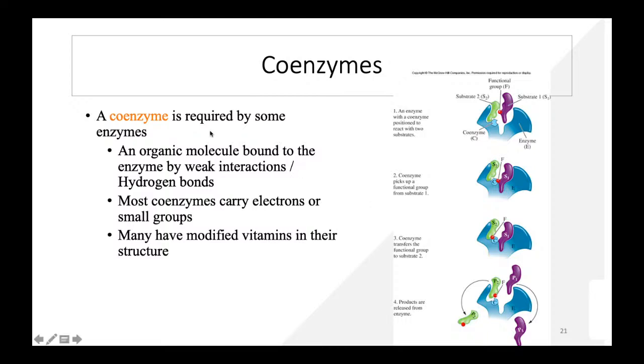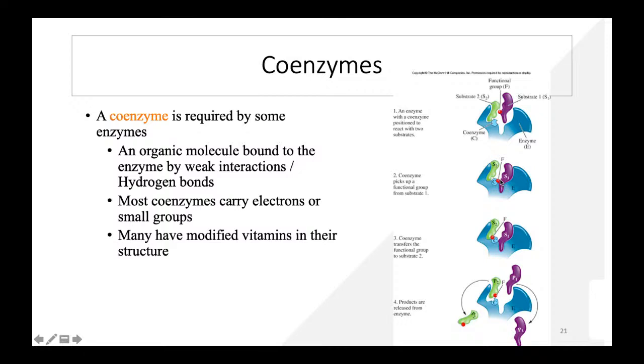So a coenzyme is required by some enzymes. It is an organic molecule bound to the enzyme by weak interactions such as hydrogen bonds. We can see the enzyme here with the coenzyme positioned to react with two substrates. The coenzyme is attached, and there are two substrates, substrate 1 and substrate 2, with a functional group attached. The coenzyme picks up the functional group from substrate 1.